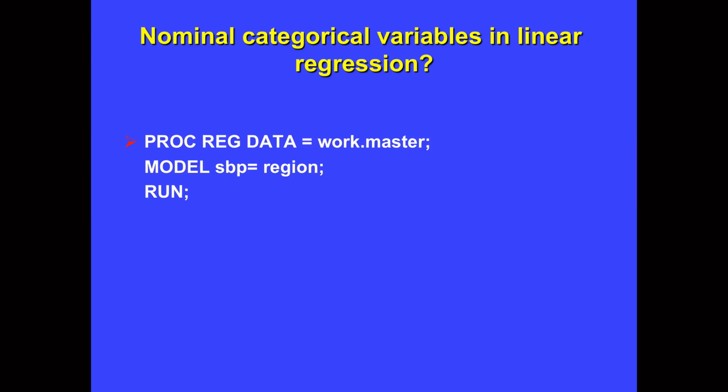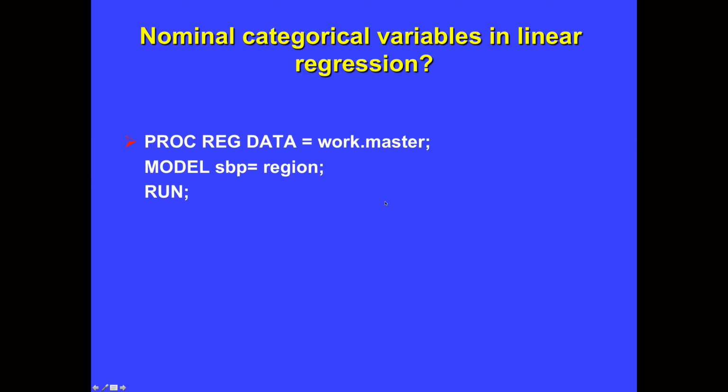Let's move on now and talk about a slightly more complicated situation in the context of linear regression, and that is when we want to model a nominal categorical variable as an independent variable.